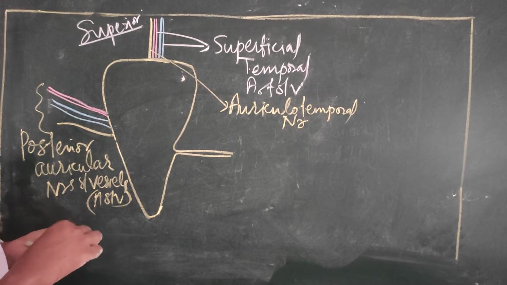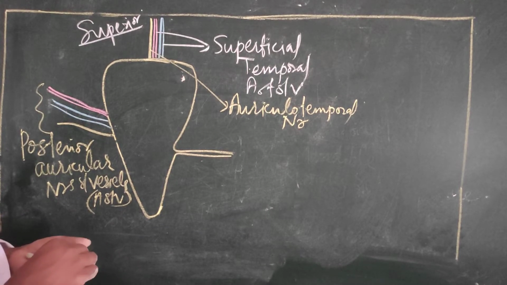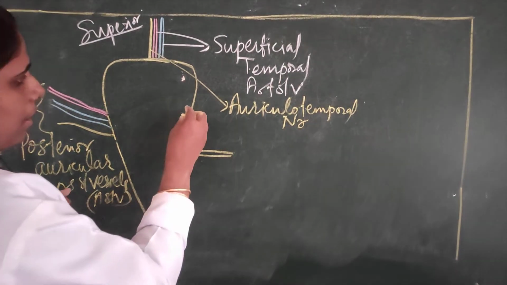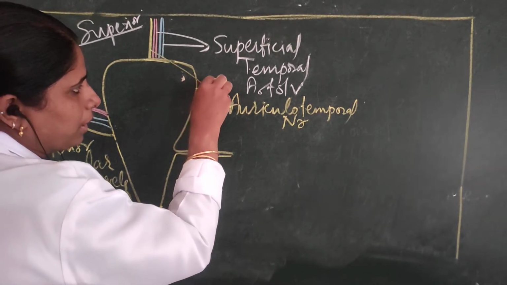Now, through the anterior border, there are some structures emerging. They are the branches of the facial nerve from above downward.